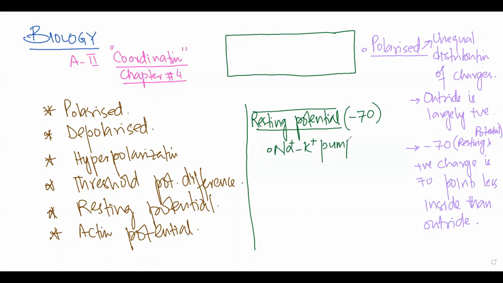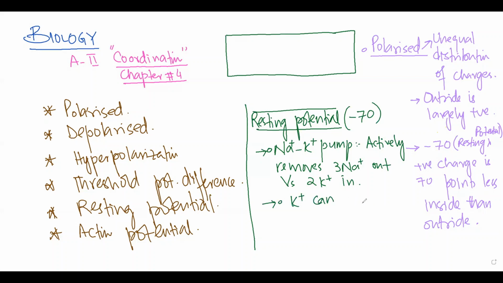What does the sodium-potassium pump do? It actively, meaning with the use of respiratory energy, removes 3 sodium ions out versus 2 potassium ions in. But the potassium ions which come in can go back out, not all of them, but some of them.